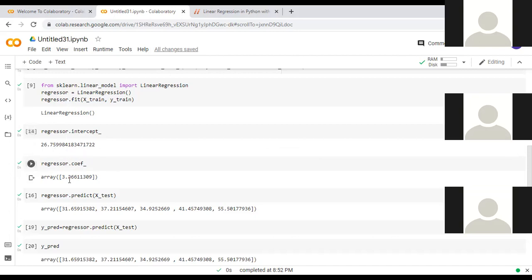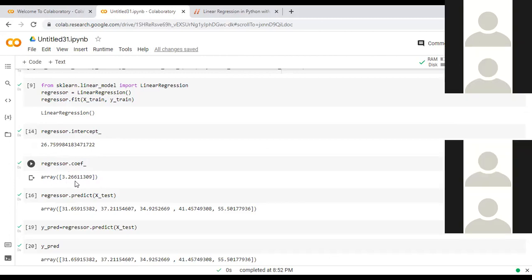The coefficient of the regressor model is given in the form of an array, as I'm using the NumPy array. The coefficient of the model is 3.266, approximately 3.27. This is the intercept and the coefficient of the regression.